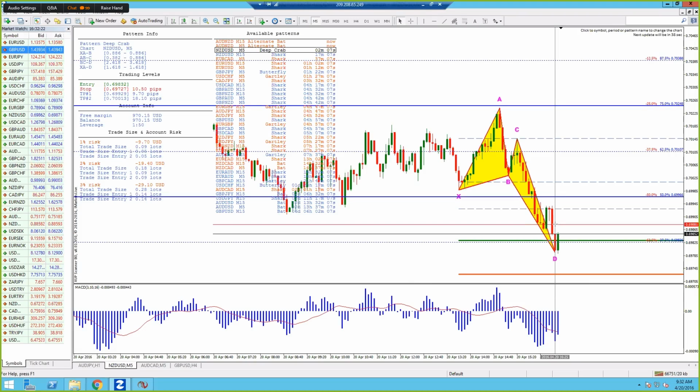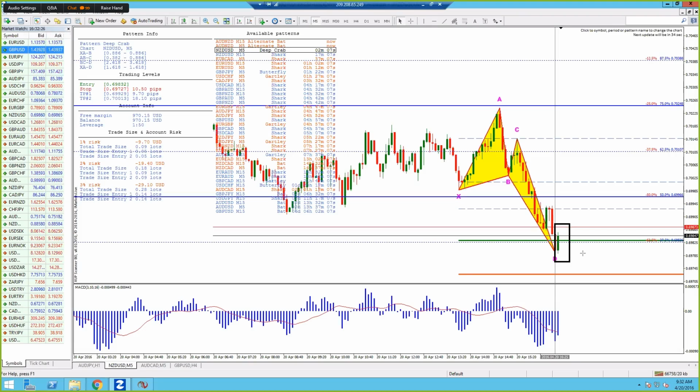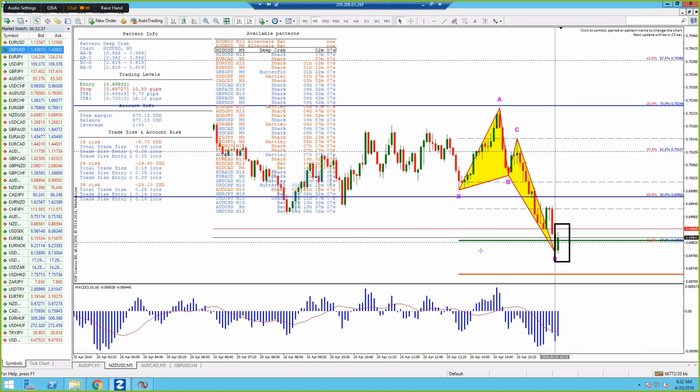All right, guys. Buy the NZD USD anywhere in here, guys. NZD USD is a buy. Anywhere in there. We're going to keep a tight stop right at the bottom. All right, we're going to put a stop right down here at the bottom.